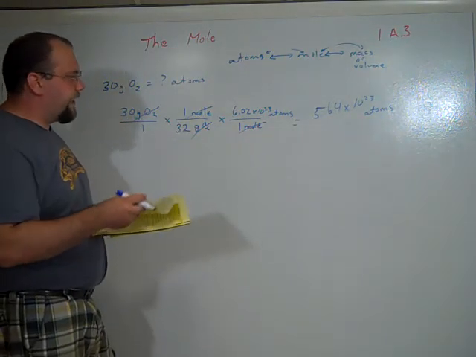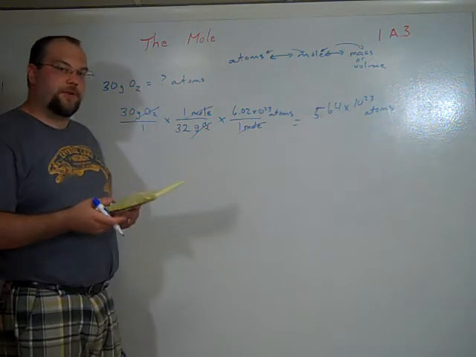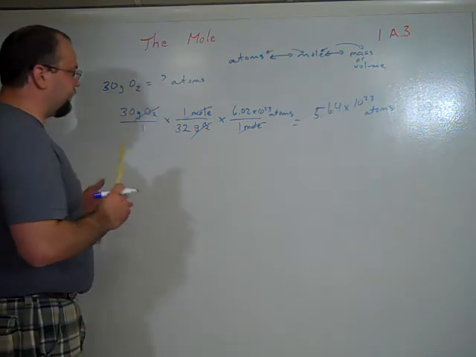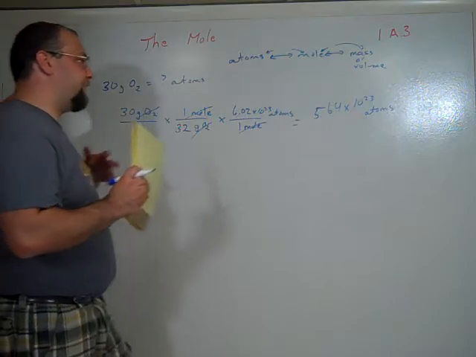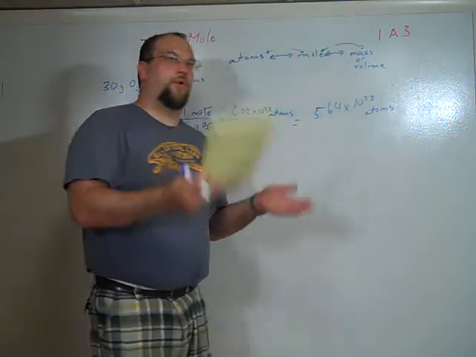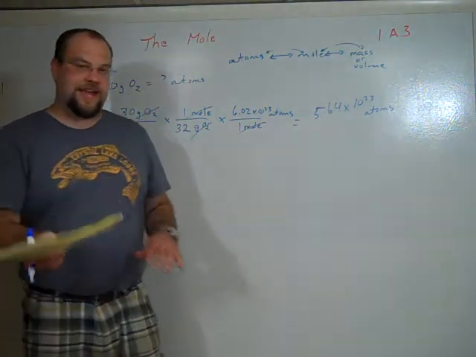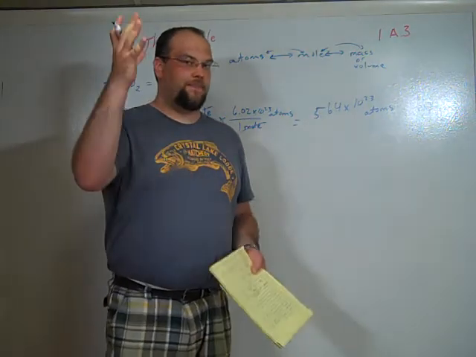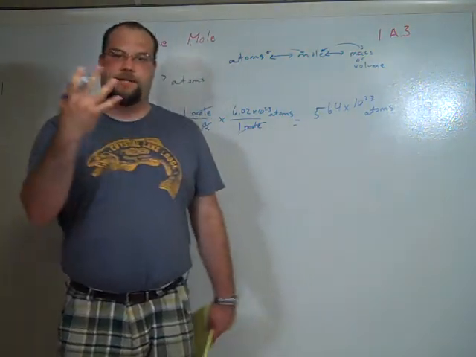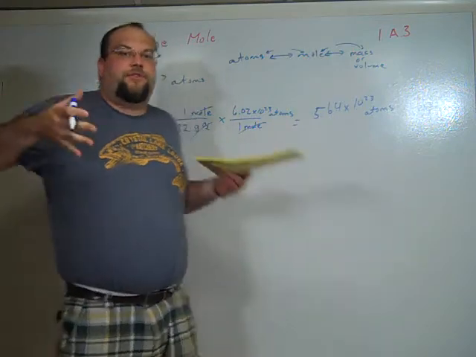Now there's one other conversion factor that we haven't really talked about too much, and that's liters, okay? Let's say I'm trying to figure out how many moles of hydrogen I have. Well, hydrogen's a gas, and it's not like I can just put a balloon full of hydrogen on a balance because it floats. So we have to use volume.